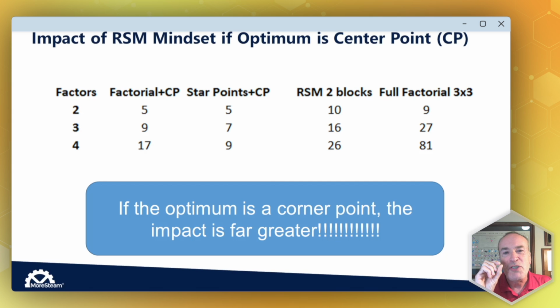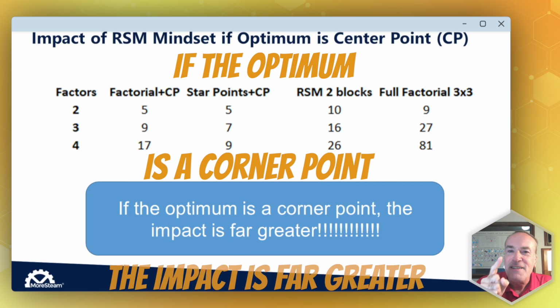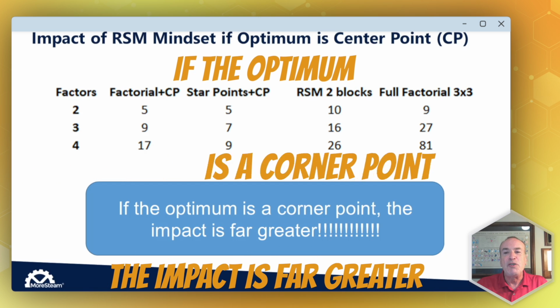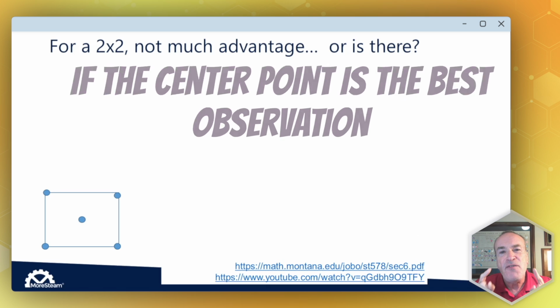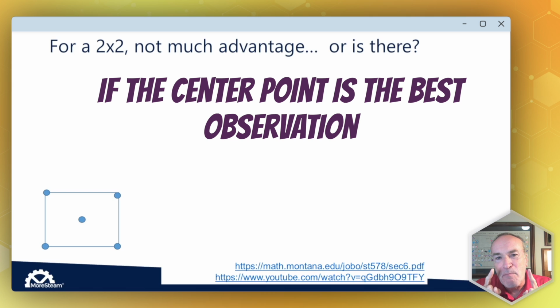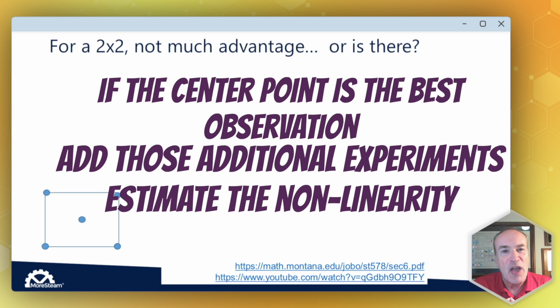Now, here's where you save time and money with your engineers. If the optimum, whether higher is better, lower is better, or target, is a corner point, the impact is far greater. So let's look at that. We have a 2 to the 2 level. We're going back to two factors. If your center point is the best observation, whatever it is you're solving for, then you would add those additional experiments, estimate the nonlinearity, and you're good to go.